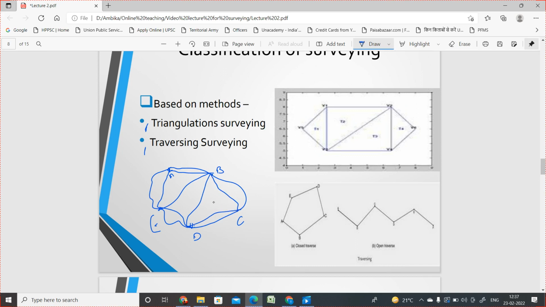I'm using a digital pen, so please make sure that these are straight lines. So when the total area is divided into a number of triangles, this method is called the triangulation method. Okay.